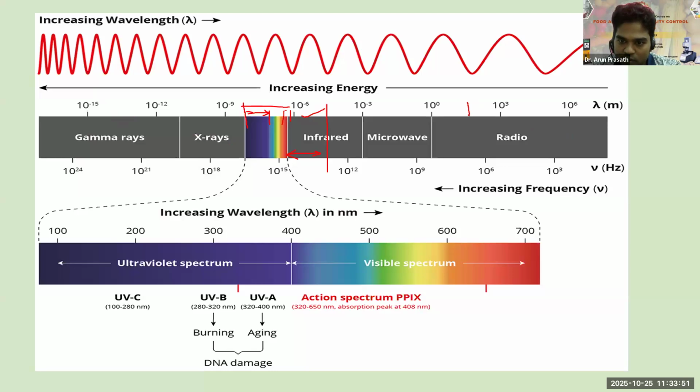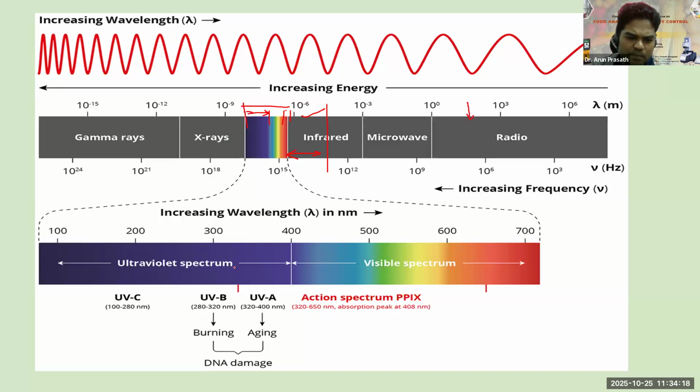When compared to the radio wave, microwaves are smaller, that's why it is called microwave. Infrared waves are still smaller, and X-ray and gamma are smaller still. So this is about the electromagnetic spectrum.